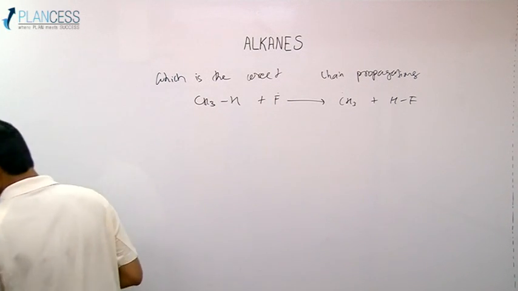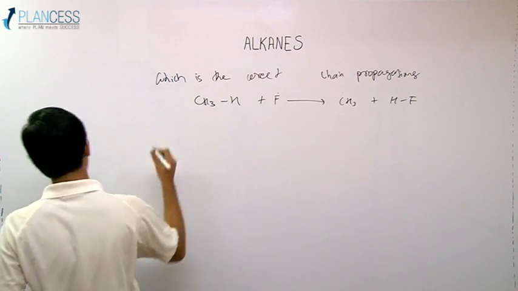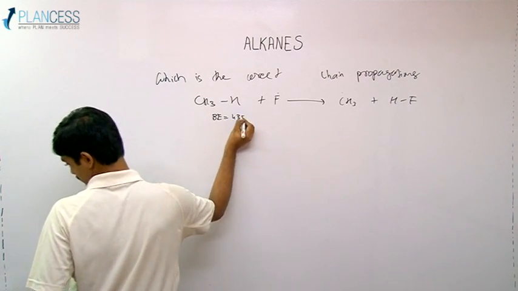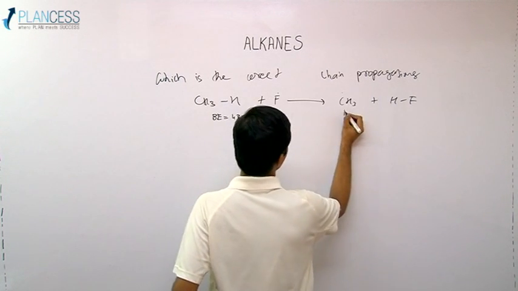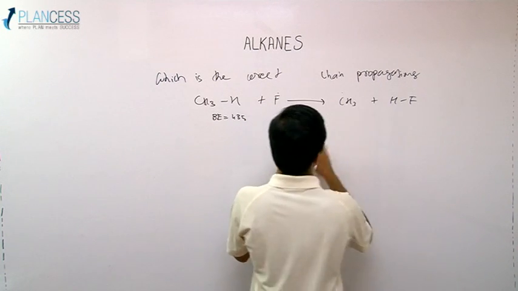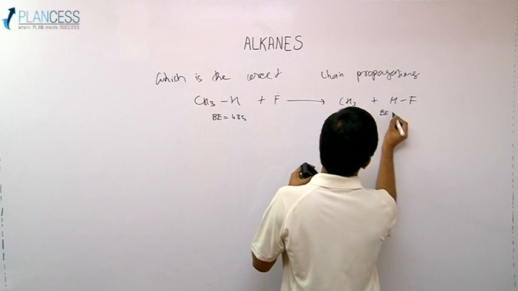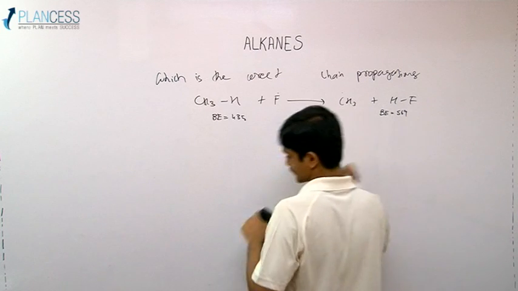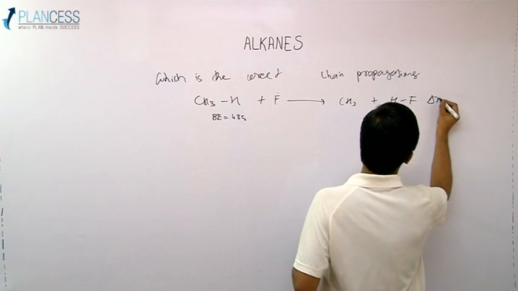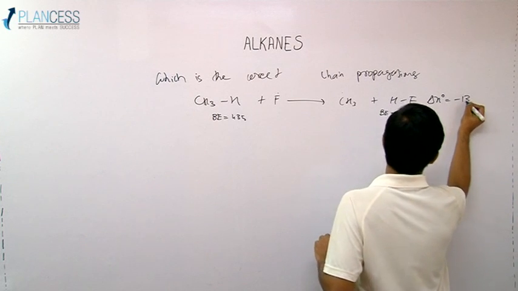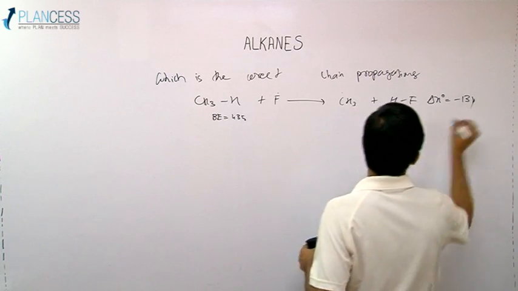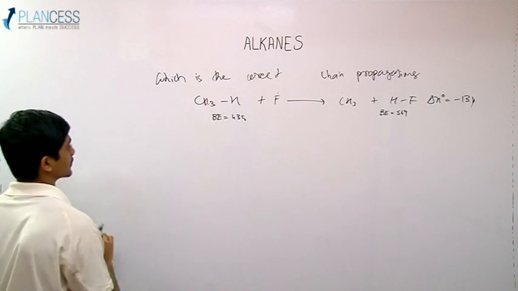Now some data is given to us: bond energy is equal to 435, bond energy equal to 569 for HF, and we have delta H naught equal to minus 134. Okay, so this is the data given to us.